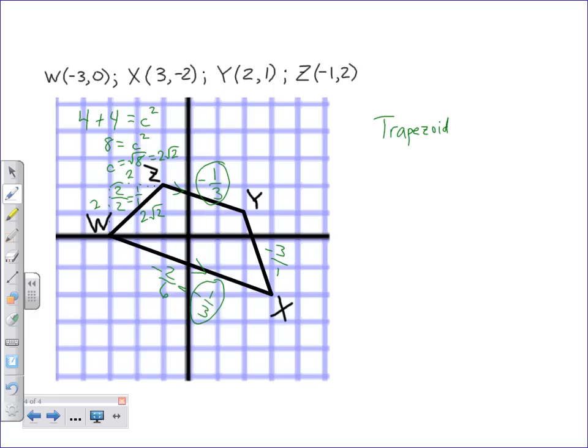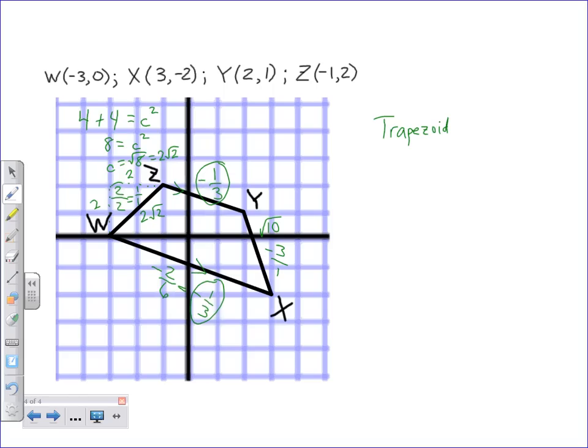The one over here, it's 1 and 3, so it's going to be 1 squared plus 3 squared, which would give us 10. And then we have to take the square root, so this would be the square root of 10. The square root of 10, of course, does not equal the square root of 8, so therefore XY and WZ are not congruent. If they're not congruent, that means that it's not an isosceles trapezoid.